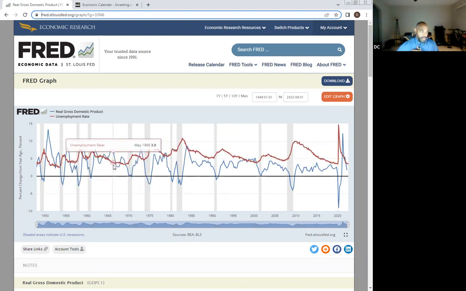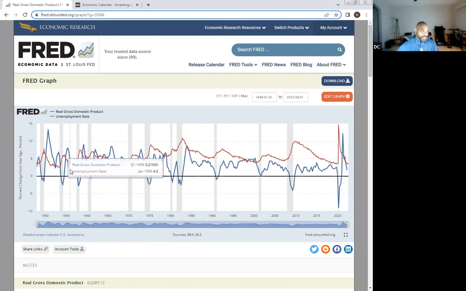what is considered the natural rate of unemployment, around 4 to 5%, we're nowhere near that. So the Fed has what is called a decent amount of slack between the 3.7 unemployment rate and the natural rate of unemployment, which is around 4.5%.